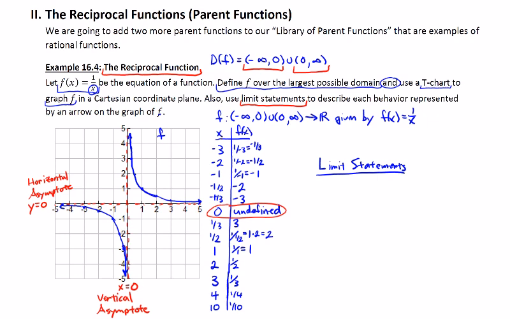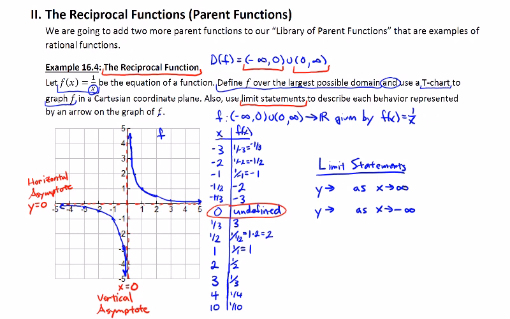Now the first 2 are going to be analogous to the end behavior that we had in the polynomials graphing section. That was I believe section 14. So we would say y approaches something as x approaches positive infinity. Then we would also have y approaches something as x approaches negative infinity.